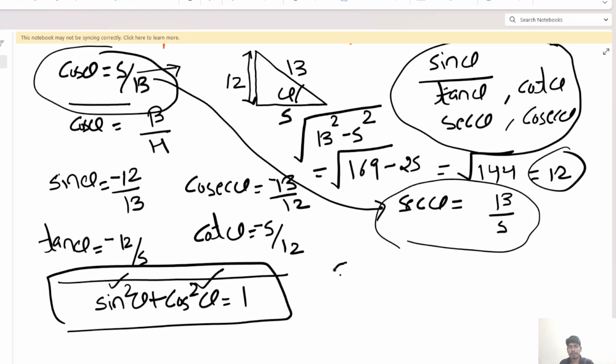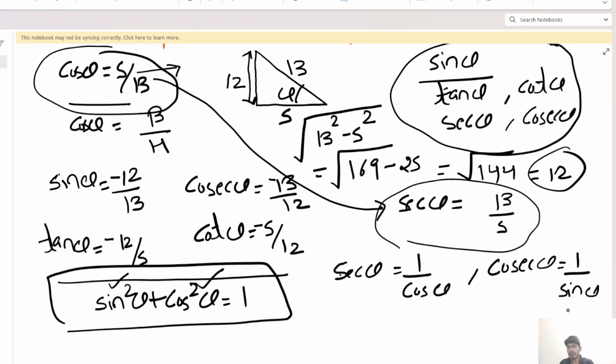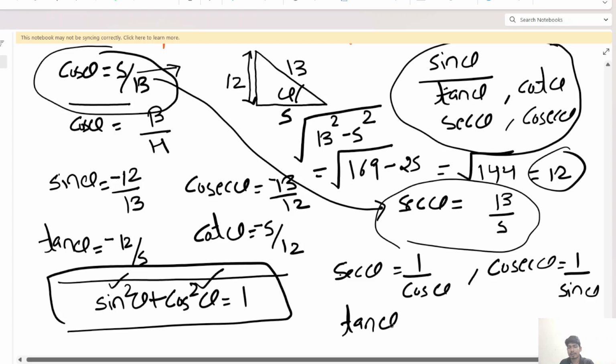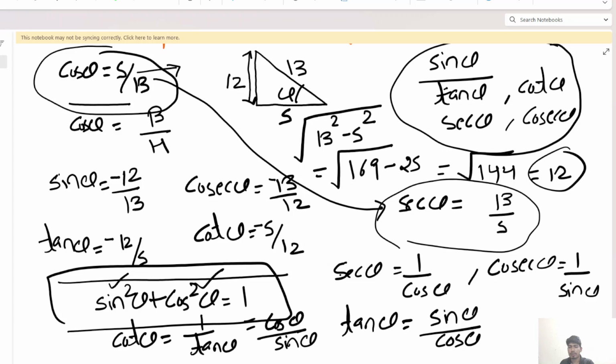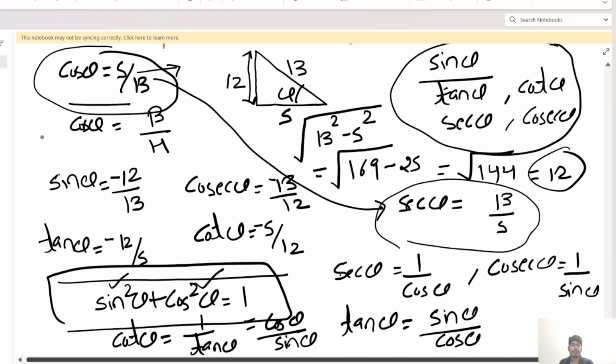Similarly sec is 1 divided by cos theta, cosec theta is 1 divided by sin theta, tan theta is sin theta divided by cos theta, and cot theta is 1 upon tan theta, that is cos theta divided by sin theta. This is the solution of this question.